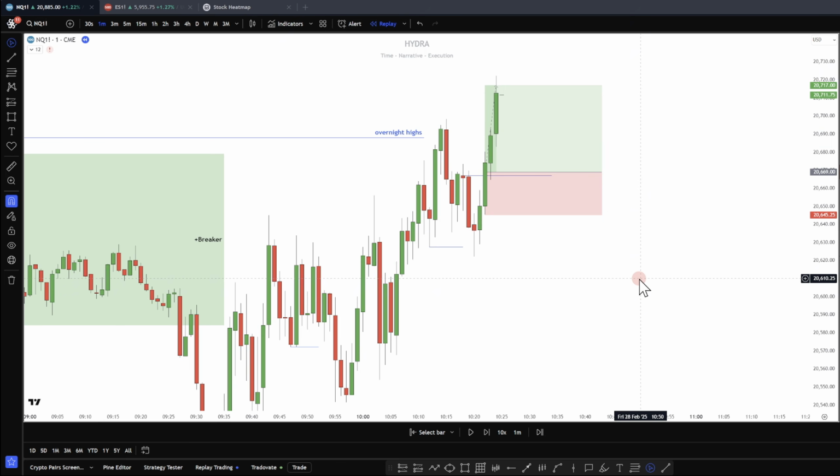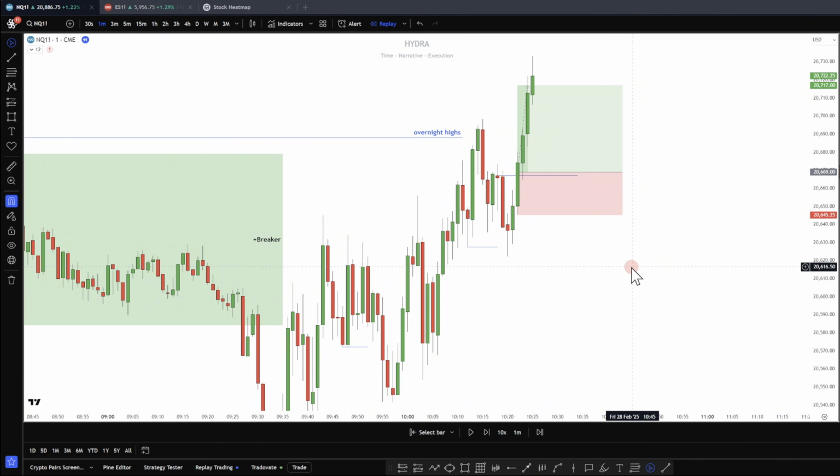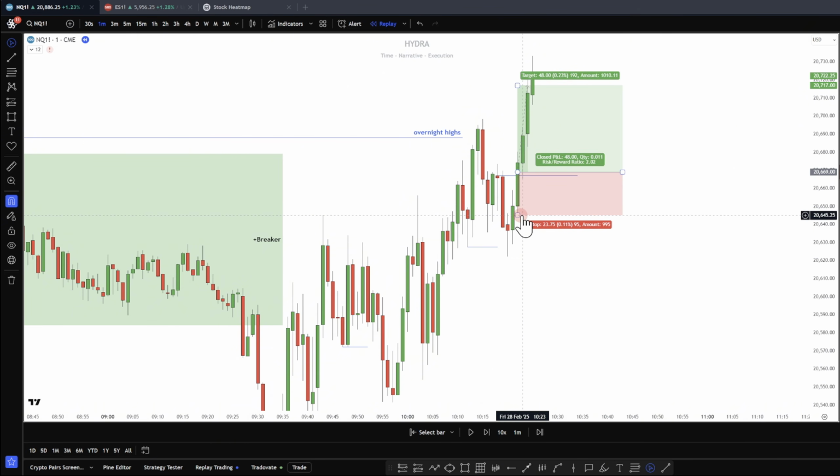And look at the delivery afterwards. Full 2R delivery. Our stop loss was just below the midway of the order block, not actually below it, because I was not putting it down here, rather down here. You will see it in the recording.